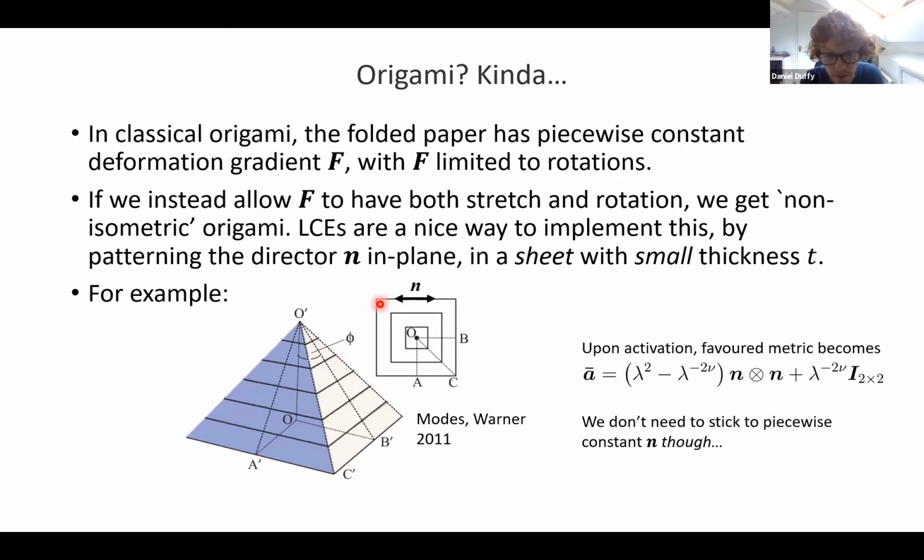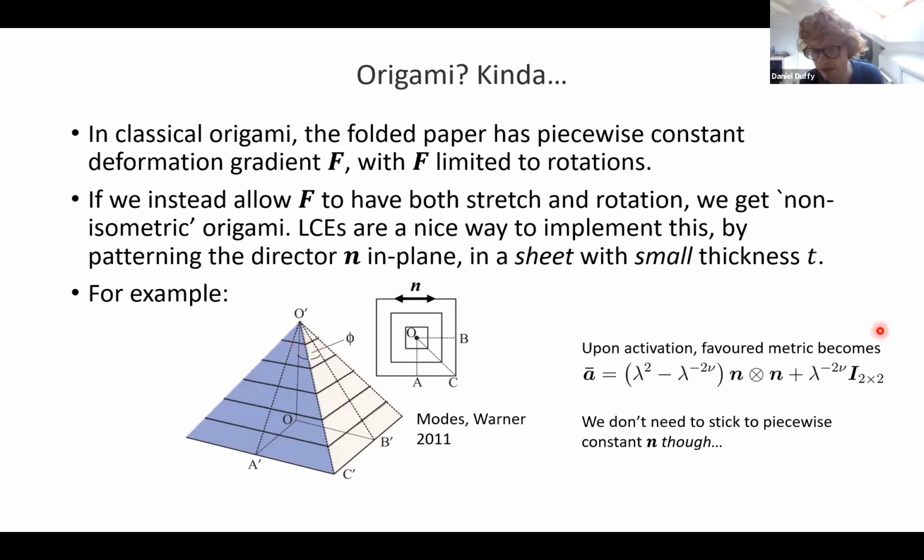Here we've got a director pattern with horizontal director and then vertical and then horizontal and vertical, so 4 distinct regions. And when you activate this, this forms a pyramid-like shape, which is clearly reminiscent of things in origami, except this has Gauss curvature at the tip, so it's clearly not isometric to the plane. So that's where the non-isometric comes in.